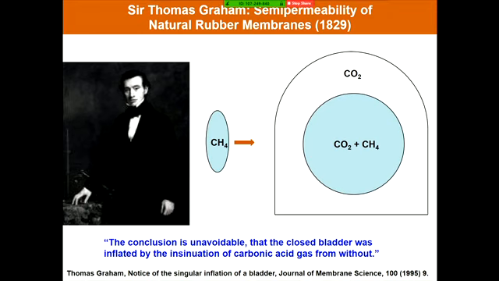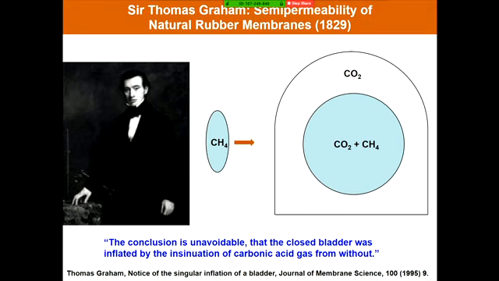And what he would observe is that this initially deflated balloon would gradually inflate itself when it was in the CO2 atmosphere. And the conclusion he came to was that this closed bladder was inflated by the insinuation of CO2 from without, and it wasn't understood until this time that one could have transport across the walls of dense polymers.